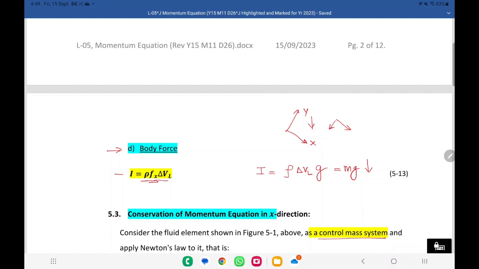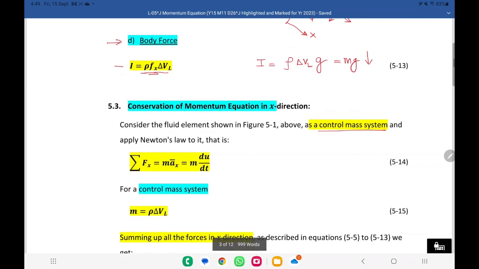Similarly you can have body forces like electrical forces, magnetic forces, depending upon where the source is, in any direction. So don't be confused by that. We are doing it for the most generalized case. Okay, now we proceed further.